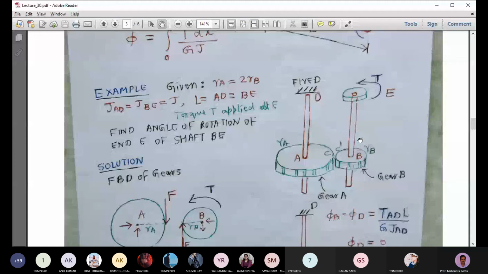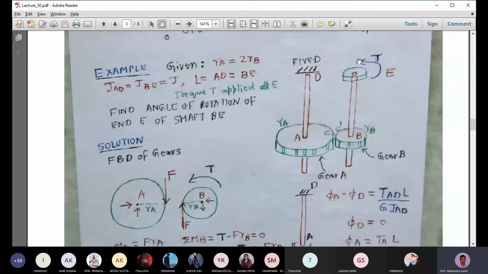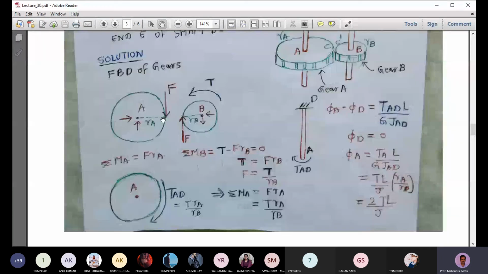So the main thing is how the force transfer takes place. We have the torque T. As a result, there is some resistance coming at the point of contact, and an equal and opposite resistance force is acting at gear A. This equal and opposite resistance force will produce a moment, so that torque is T_AD. If the gear A radius is higher than gear D radius, then we'll have a higher torque. So it is twice, and we'll have twice the torque acting in shaft AD.